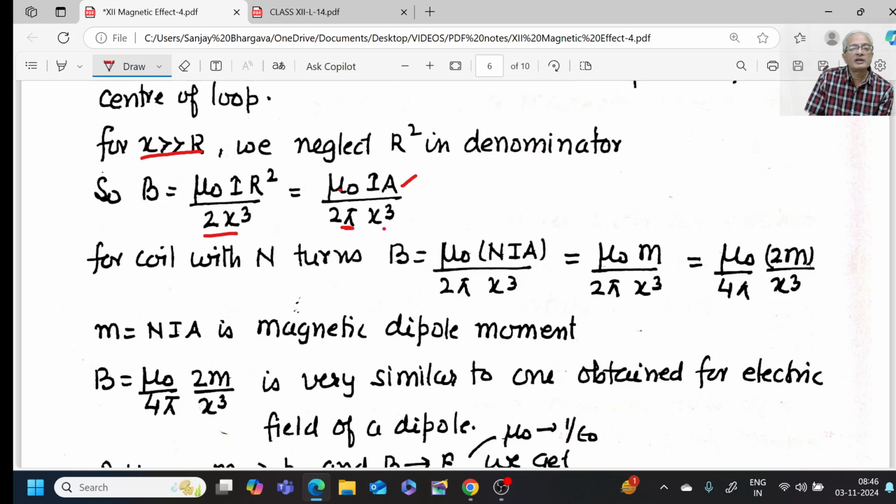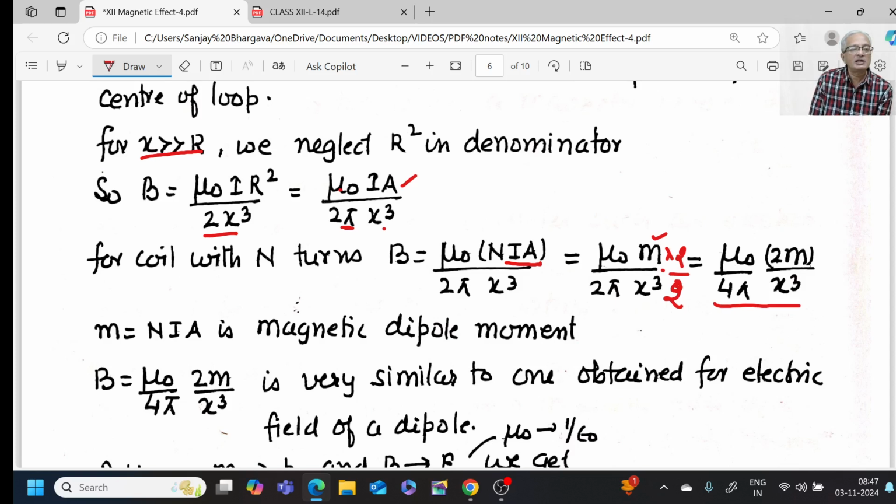For a coil with n turns, this would be mu 0 upon 2 pi NIA upon x cube. And what was NIA? It was magnetic dipole moment. So here it is magnetic dipole moment. So I can multiply by 2 and divide by 2. So what will I get? Mu 0 into 2m upon 4 pi x cube.